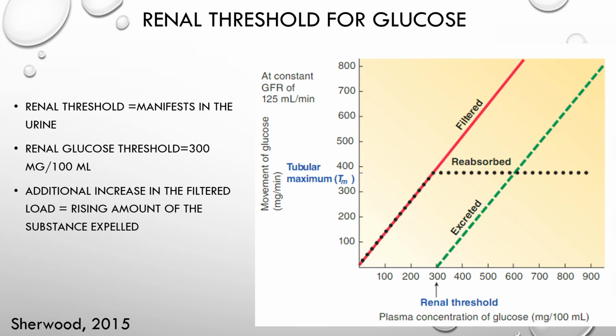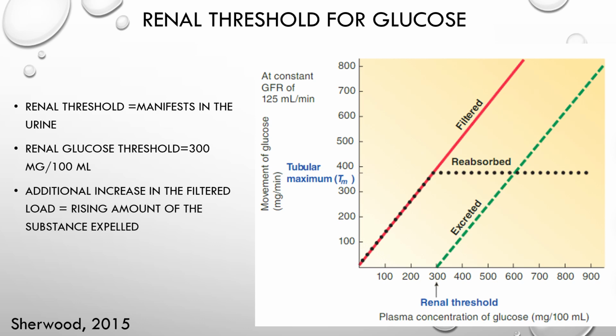Renal threshold is the plasma concentration at which a specific drug, perhaps, reaches its maximum tubular maximum and first manifests itself in the urine.